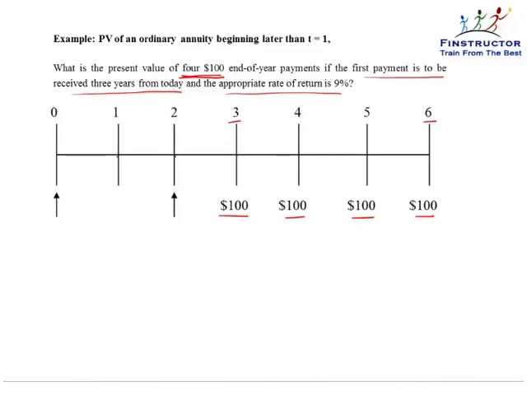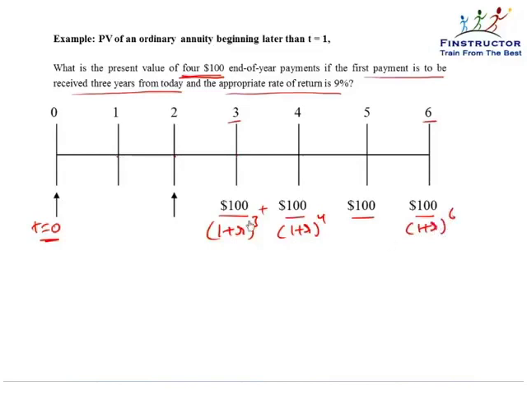And we need to compute the present value of this annuity. So present value means the value at t equal to 0, the value right here. So what will be the value of the first cash flow? It will be 100 upon 1 plus r to power 3, since it's coming 3 years later. The second cash flow comes 4 years later, so on and so forth.